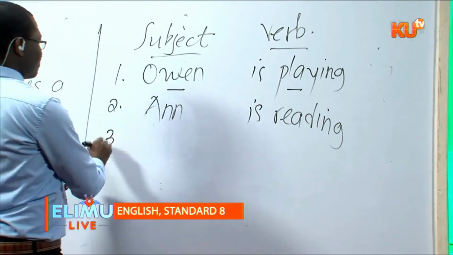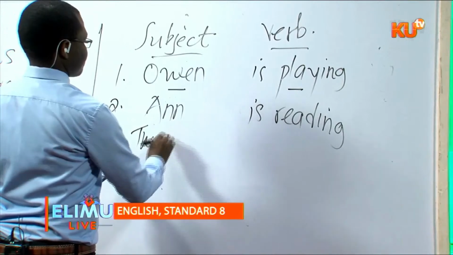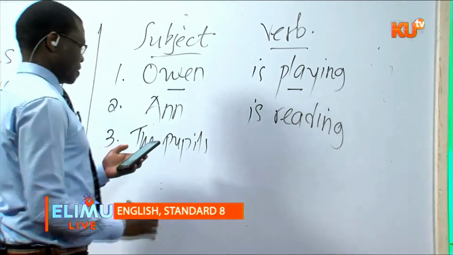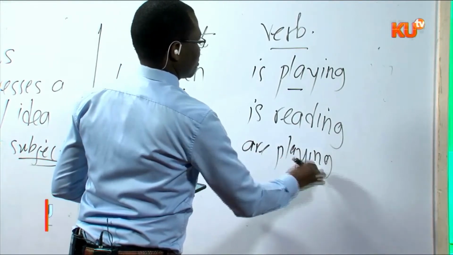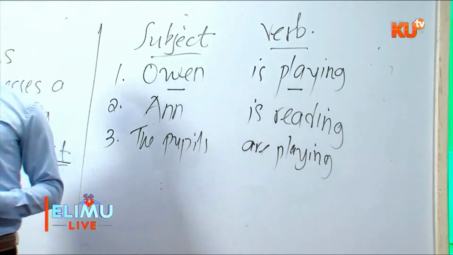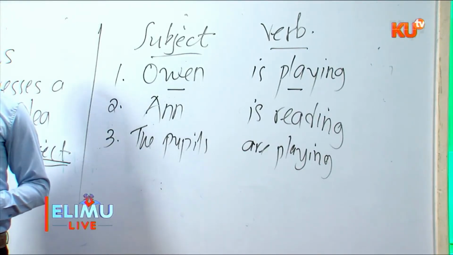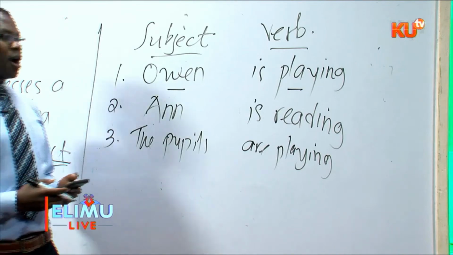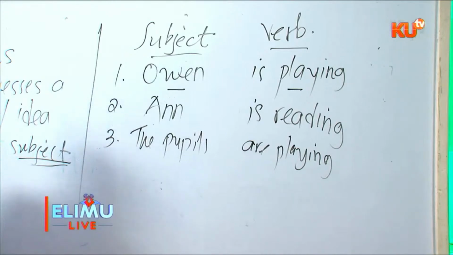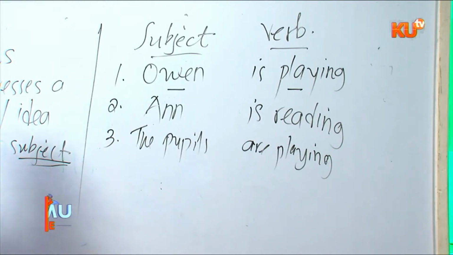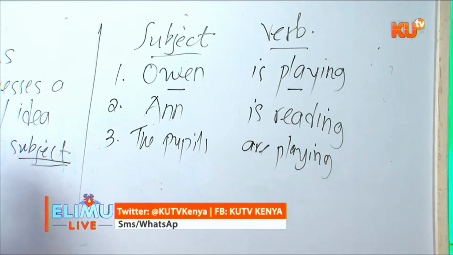Another example, the pupils are playing. In this sentence, the pupils is a subject, and then are playing is a verb. Those are the basic examples I can use just to define what a sentence is, and it is as simple as that: a subject and a verb.